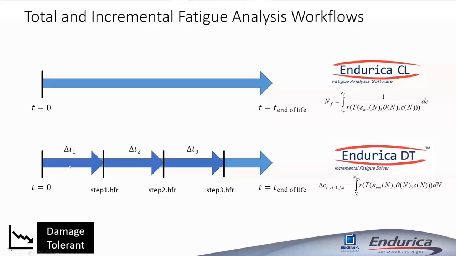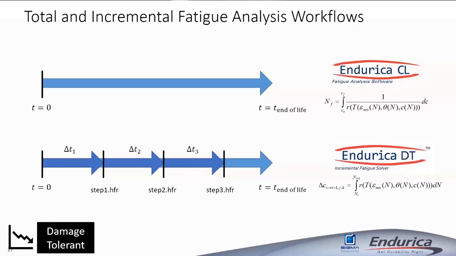So for example, you could say there's a first load case that we're going to call step 1, run that for a certain amount of time, stop the analysis, restart the analysis, and maybe when you stop the analysis here, report the residual life or the residual strength in the part, but then do a second step of analysis for another period of time, and then do a third step. And in this way, you can accrue many different load cases.